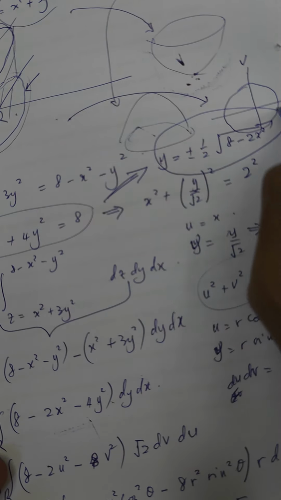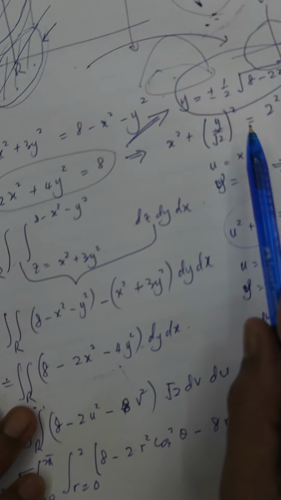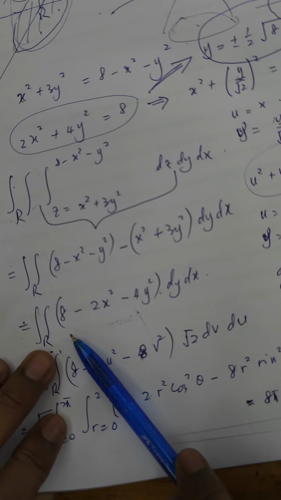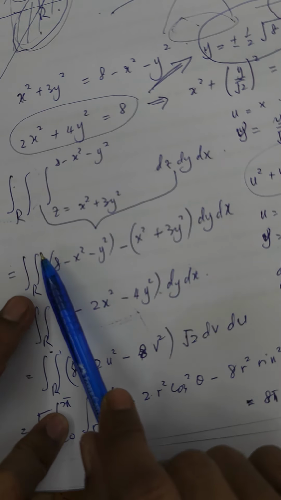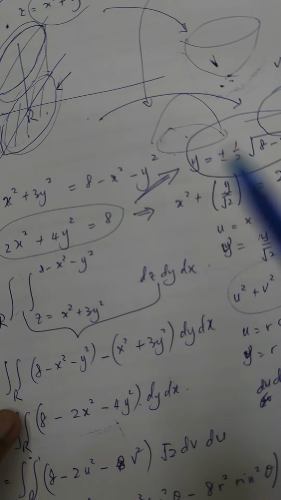You need to use this here. So from minus half square root of 8 minus 2x squared to the positive, plus half square root of 8 minus 2x squared.